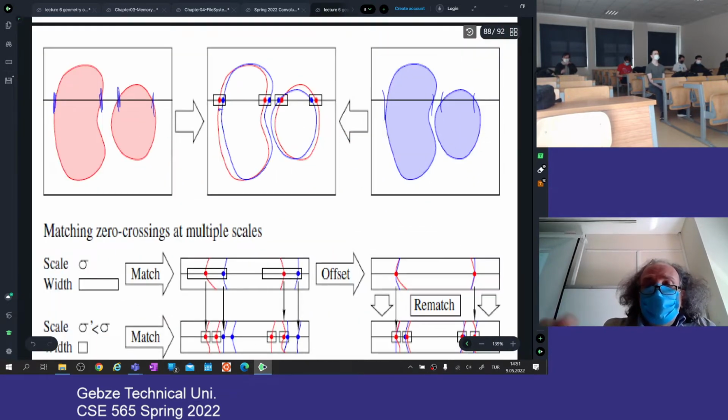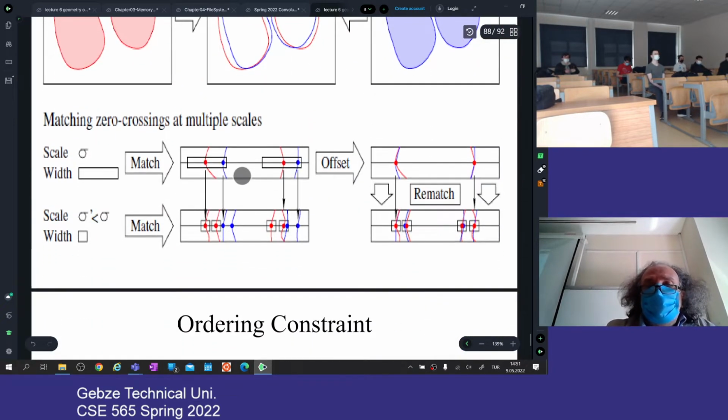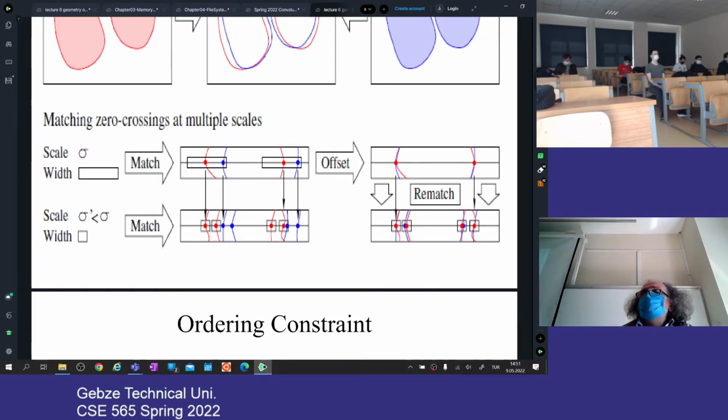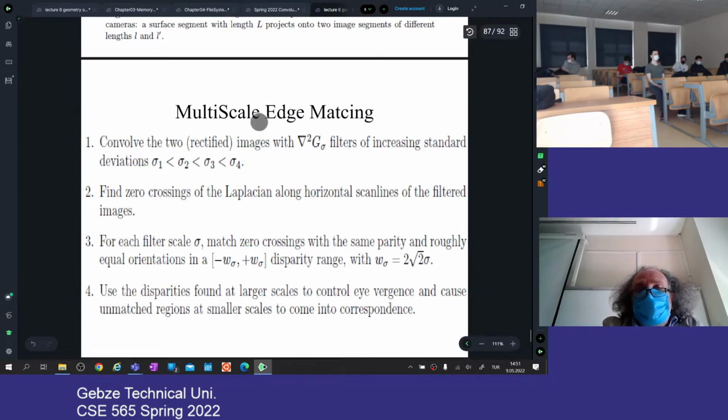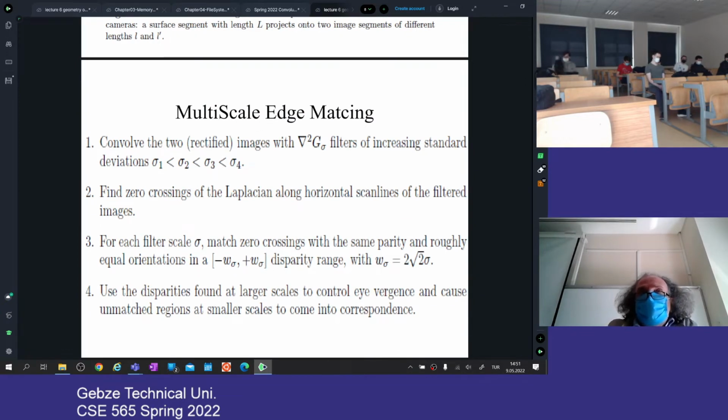After doing the matching and the offsetting, I can use the less smoothed image and run another edge detection, and this time do the matching in a very close by region. That's called multi-scale edge matching. I don't do a single edge matching, I do many edge matchings in a hierarchical way.